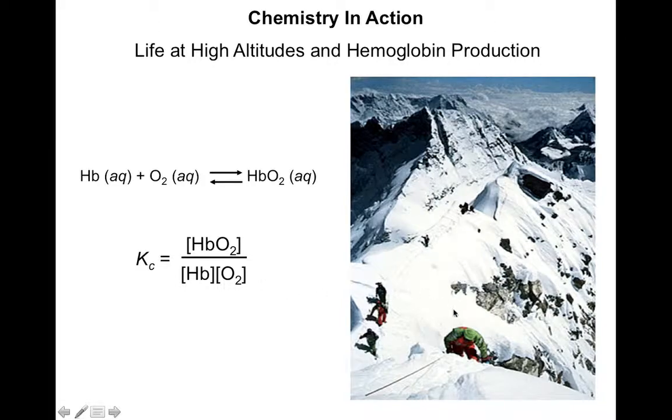And the reason it's so important for mountain climbers, and the reason they have to either take a long time to acclimate to the altitude, carry oxygen with them, things like that, is there's a lot less atmospheric pressure at those high altitudes. So when there's a lot less pressure on that oxygen, it's a little less likely to form this bond with hemoglobin. It's just not as concentrated in the atmosphere the higher up you go. And so there's just not as much pressure up there.